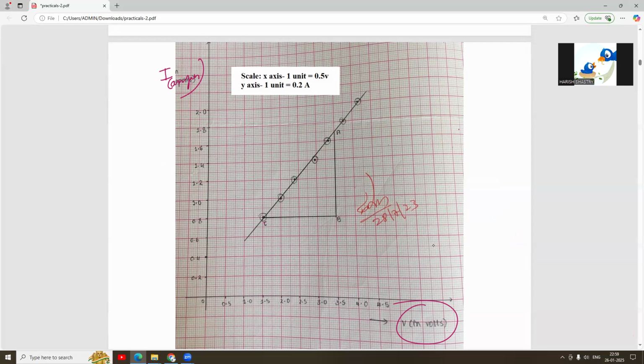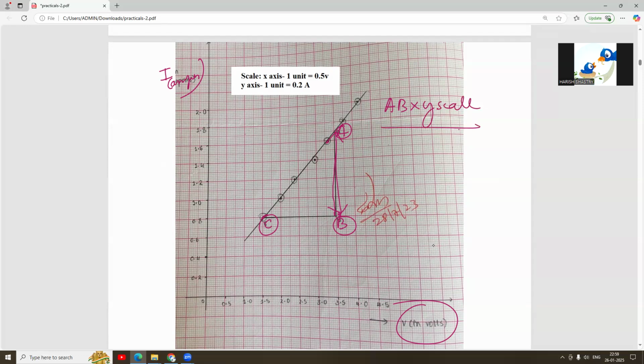You choose a suitable scale and draw the graph. Now, this is the y-axis difference. This length of the triangle, here it is written A and here B. There is no restriction that you have to write ABC this way only. You can write it anywhere. But once you write it, AB is along the y-axis.